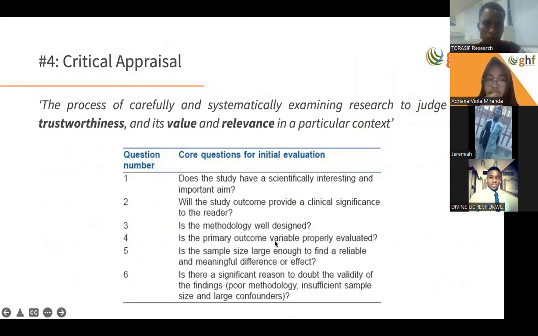You can appraise and analyze the quality of the paper by reading it, especially looking at the methods section and seeing if it has bias or not, etc. And then you can choose whether to include the article or not. So in the inclusion and exclusion criteria, you can also include the results of your critical appraisal if what you make is a systematic review.